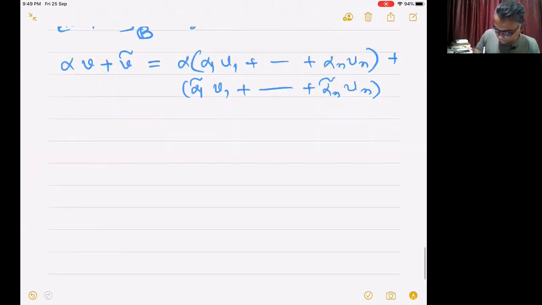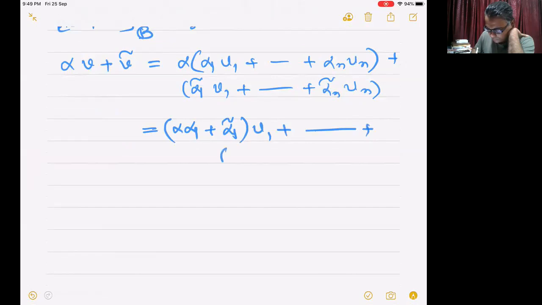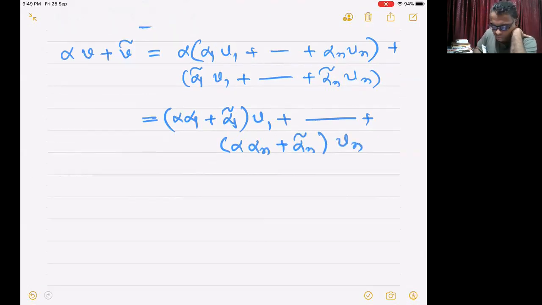From the properties of abstract vector spaces, I just rearrange this into (alpha alpha 1 plus alpha 1 tilde) v1 plus ... plus (alpha alpha n plus alpha n tilde) vn. This is the linear combination for this vector.